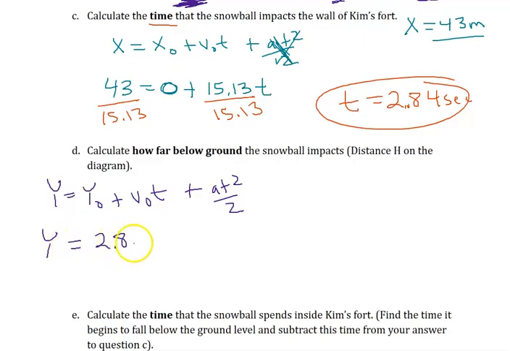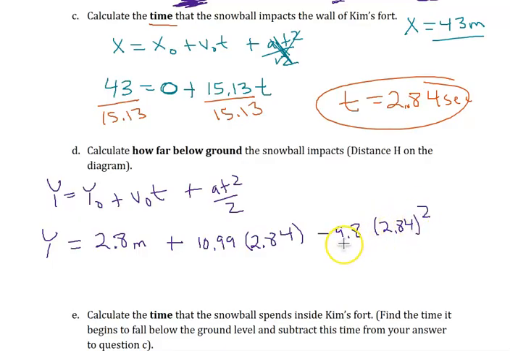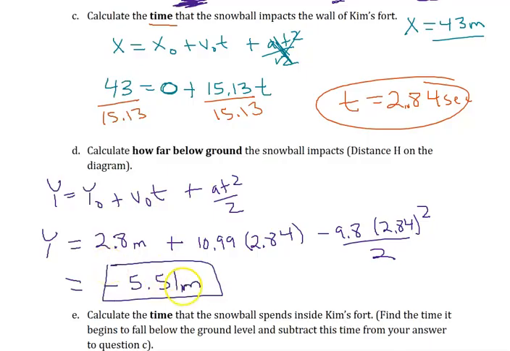It started out 2.8 meters above the ground, headed up at 10.99. And we're not solving for t here, we know the time. And we're on Earth. So you've got 3 terms, and if you add those up carefully, you get negative, which is good because we knew we were below the ground because we were inside the fort.